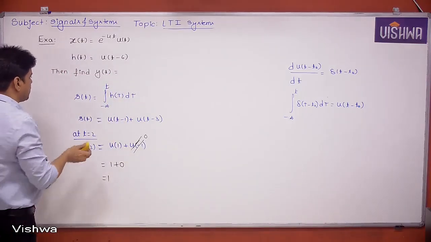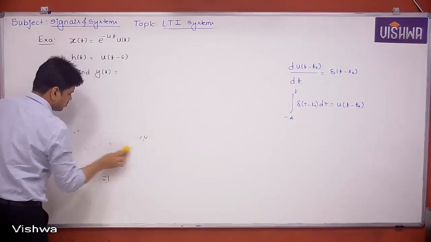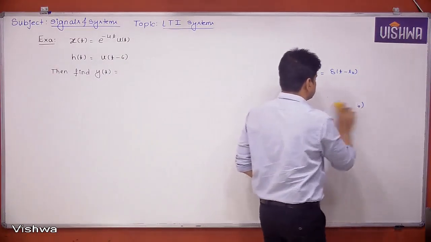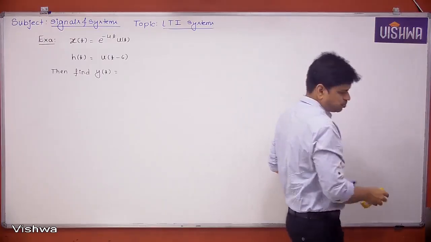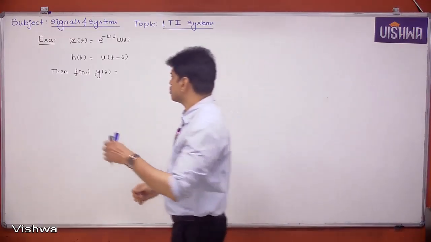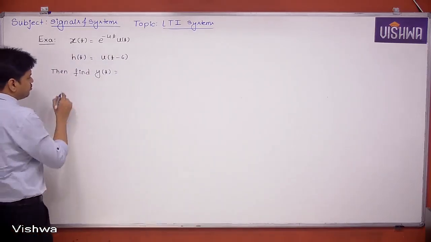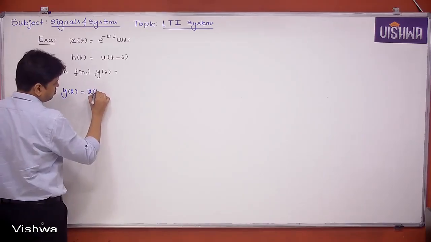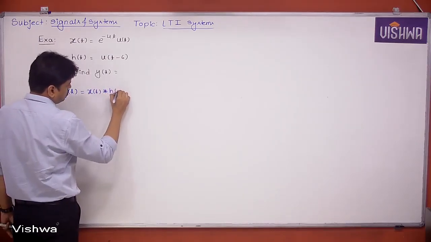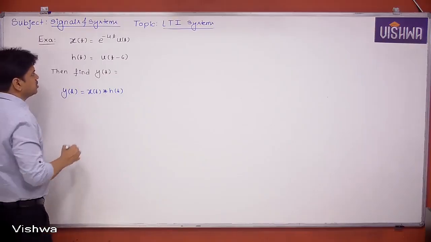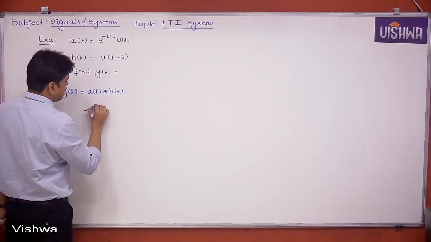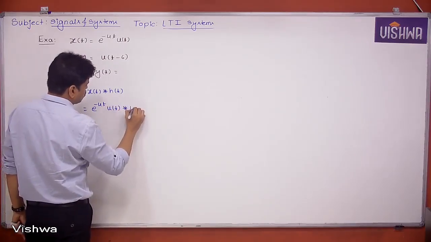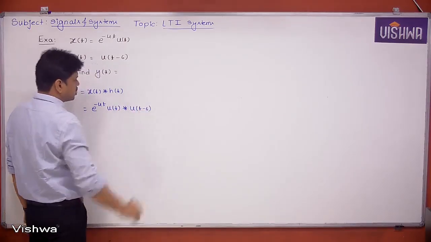This is a very simple thing. Y of t is nothing but x of t convolution with h of t. That means e power minus 4t u of t convolution with u of t minus 6. That's what we have to find out.